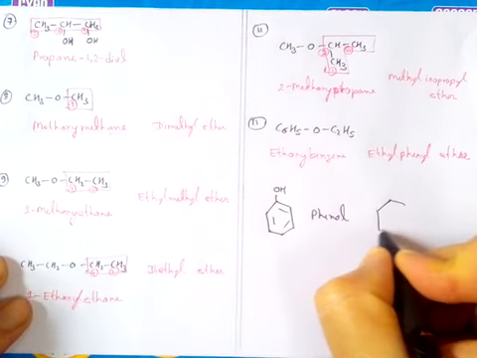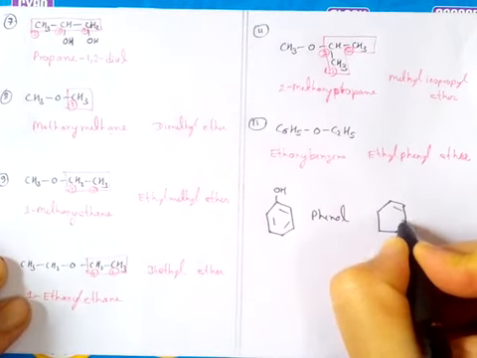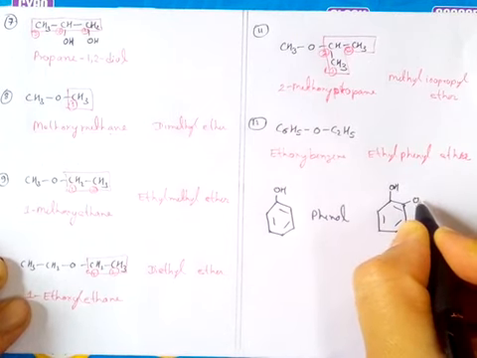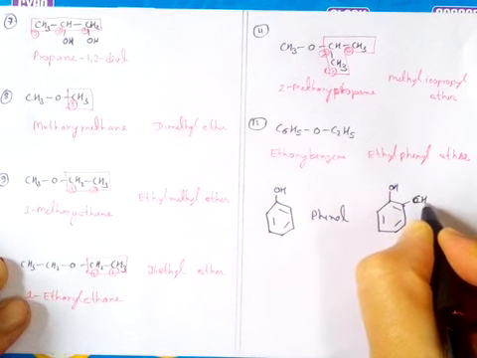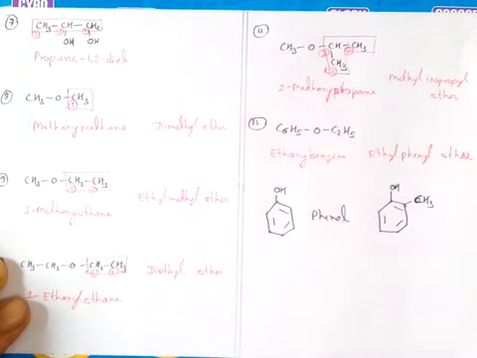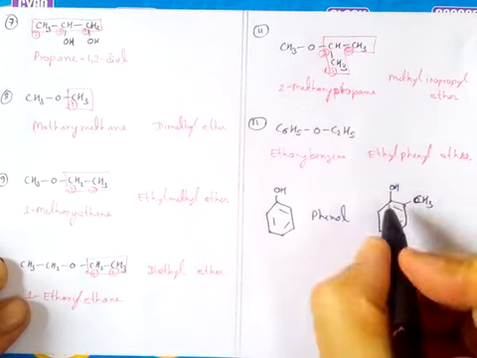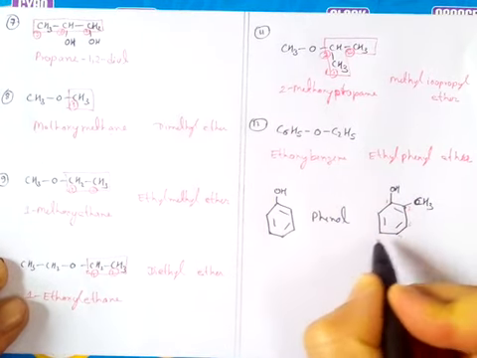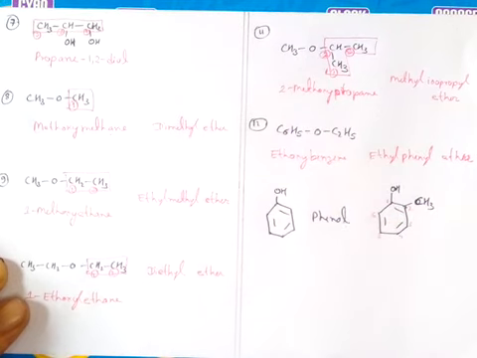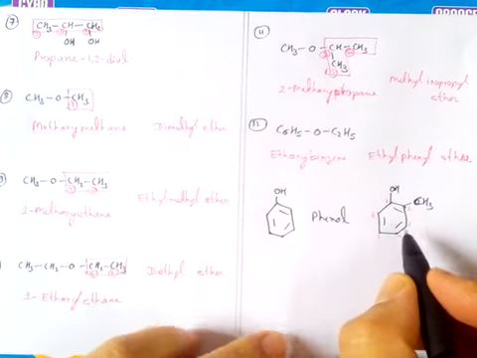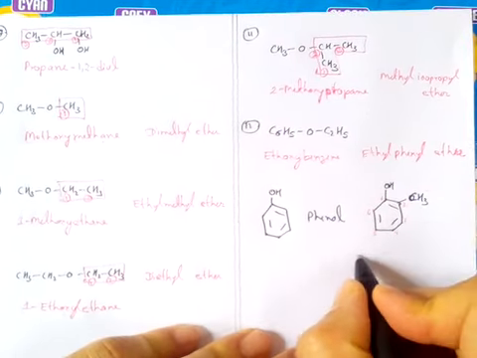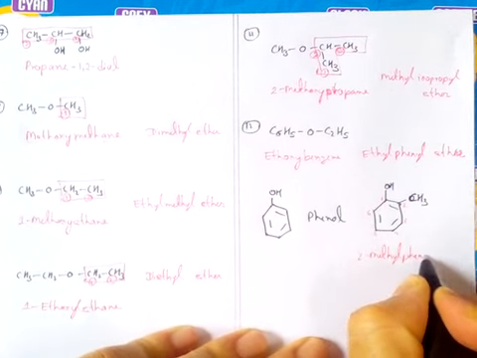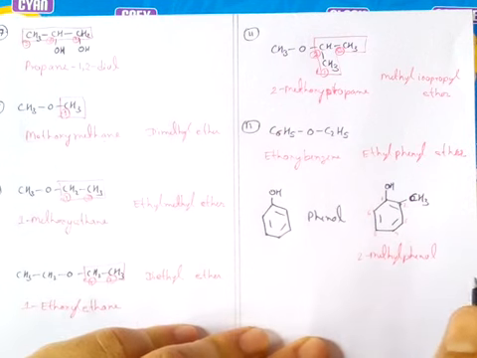But if the molecule is something like this, OH, and then here is CH3, then you have to name it. So this is a functional group, right? So it's carbon number 1, 2, 3, 4, 5, 6. Its IUPAC name will be 2-methylphenol.